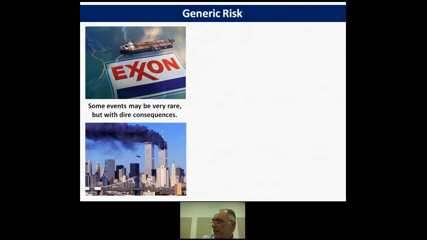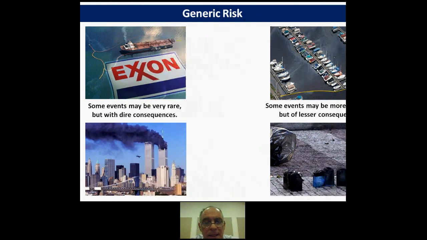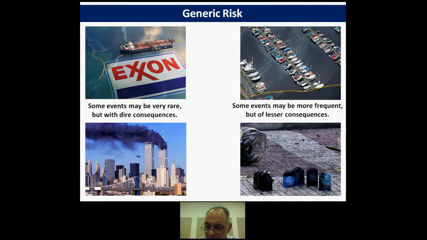At the same time, we have some events which are more frequent, but they have lesser consequences. So, in any case, what we're dealing with is risks which can be classified at different levels, depending on the combination of the frequency of occurrence of accidents and the level of the impact they impose either on property or the environment or on humans.